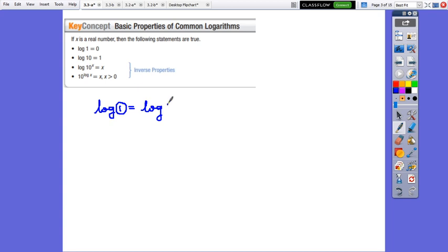So 1 came from 10 to the exponent 0, as long as the base is 10, then we have to rewrite the 1 as a power of 10. The exponent goes outside the log, so it will be 0 times log of 10. Log base 10 of 10 is 1, and 0 times 1 equals 0. Yeah?